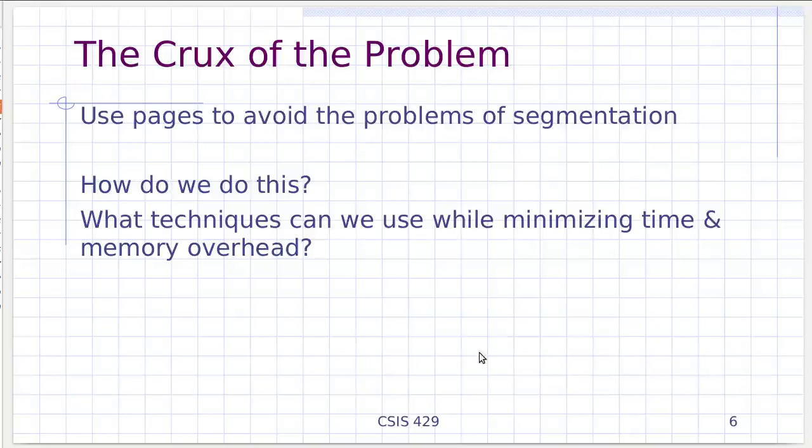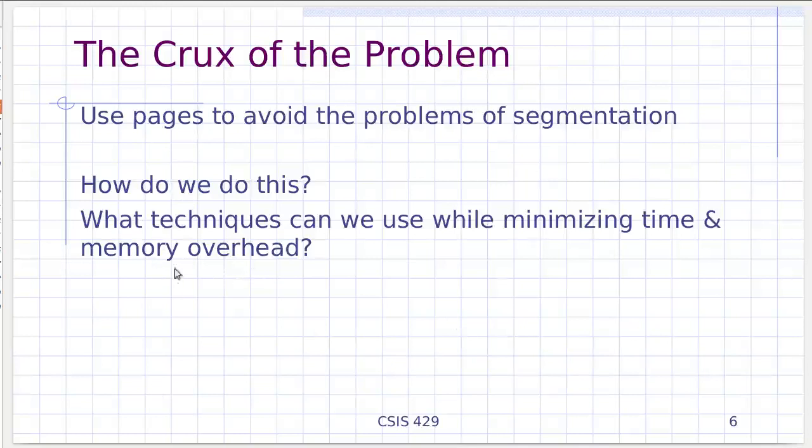Okay, so here's the crux of the problem. We'll use pages and page frames to avoid the problems of segmentation. So how do we do this? And what techniques can we use to minimize the time required to do this and also the overhead in space that we might need to manage all of this?